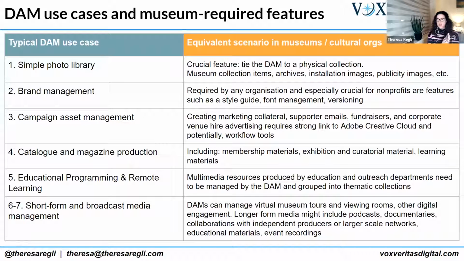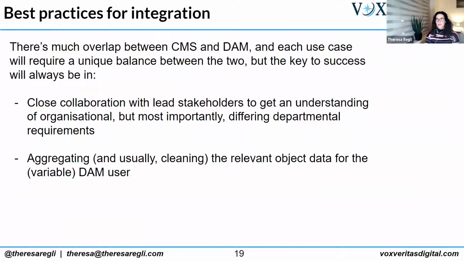The collections management system pushes or hands off, or the DAM goes and picks it up. The APIs have to talk to each other to get the information that's required. So, to conclude, there's a lot of overlap between collections management and DAM. It's important to understand your use cases, make a decision about the balance between the two, and stick to that decision.